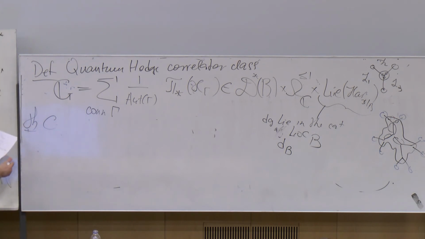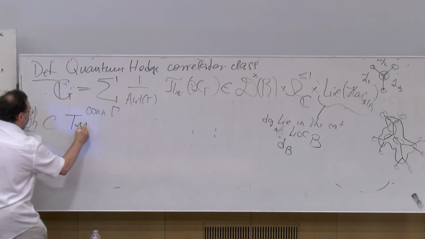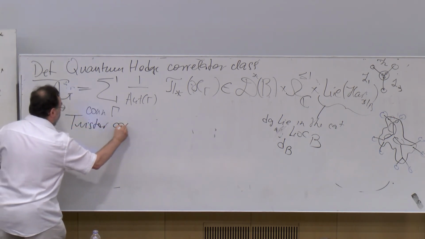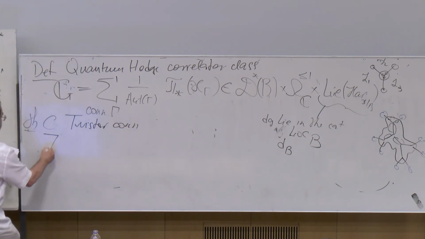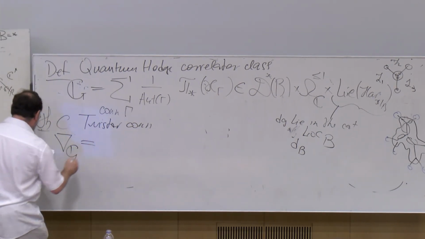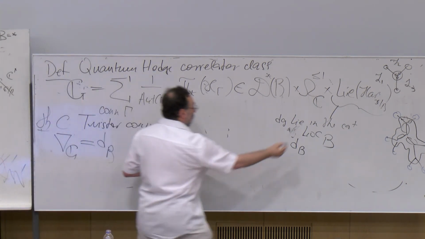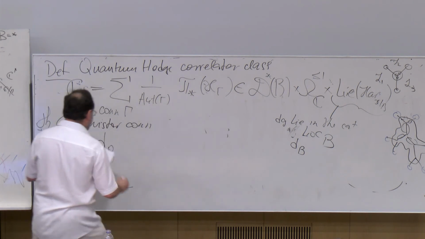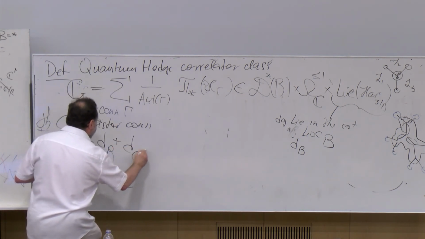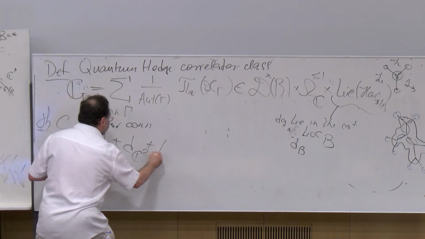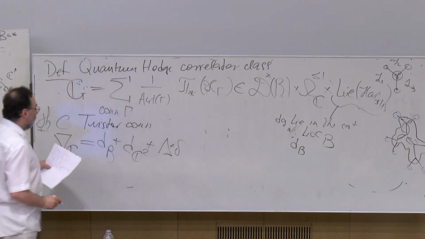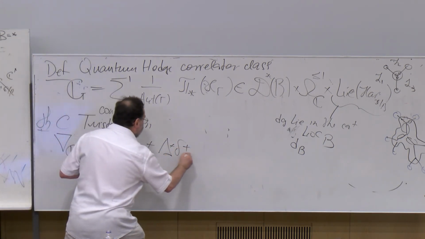And so I consider what I call the twistor connection, nabla, which corresponds to this Hodge correlator class. It is the connection on this guy here, plus the de Rham differential on C2, plus the differential in my Lie algebra, plus this form.